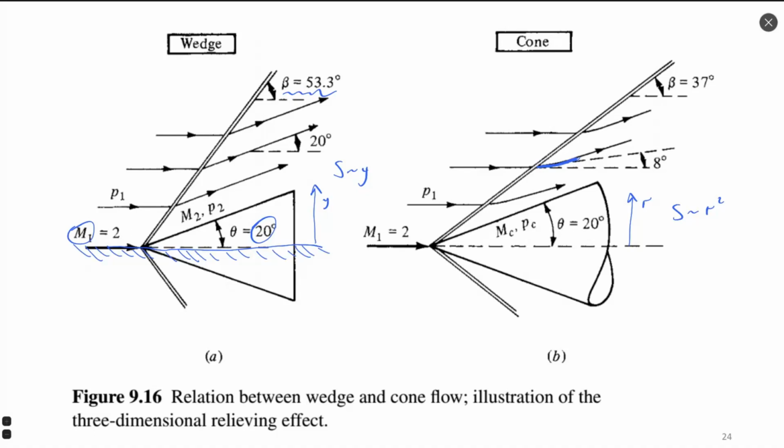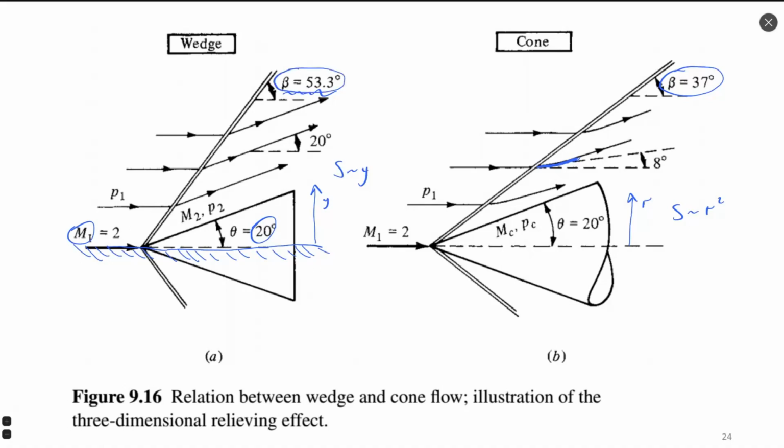Also, we may observe that for the same flow condition, for the same Mach numbers before a shock wave and the same angle of wedge and cone, the angle of the shock wave in the case of the cone is smaller than in the case of the wedge.